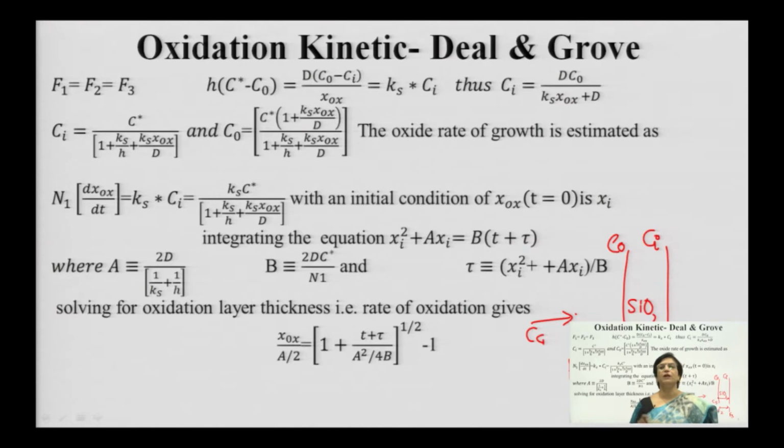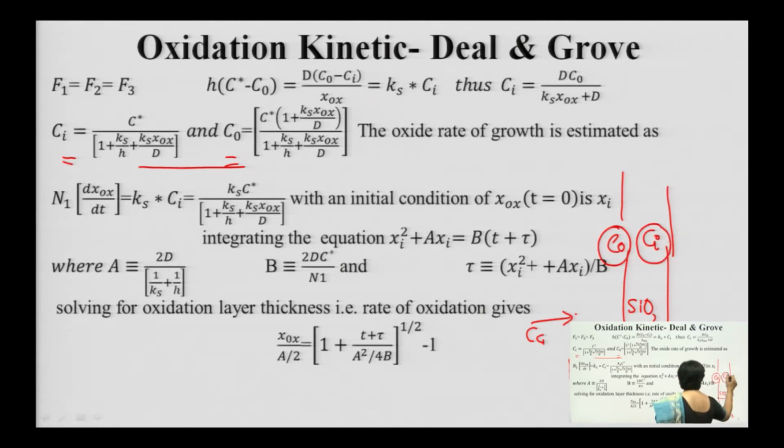With that concept we modified the equilibrium concentration, and we got the two concentration values at the input layer and the output layer of the silicon dioxide, in terms of the equilibrium concentration. When I equated those, I got two equations for Ci and Co, that is, the concentration of the oxidizing species at the outer layer and at the inner layer of silicon dioxide in terms of equilibrium concentration.